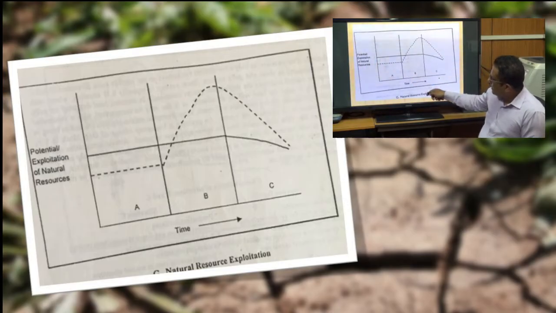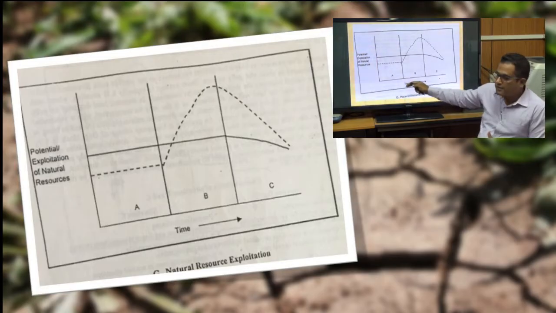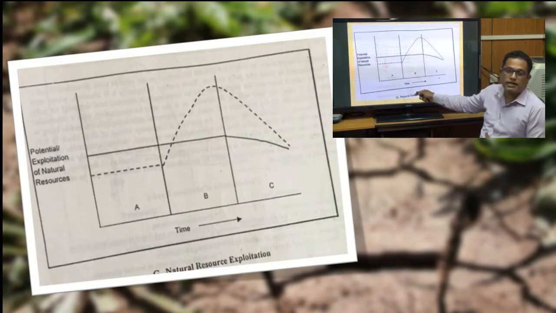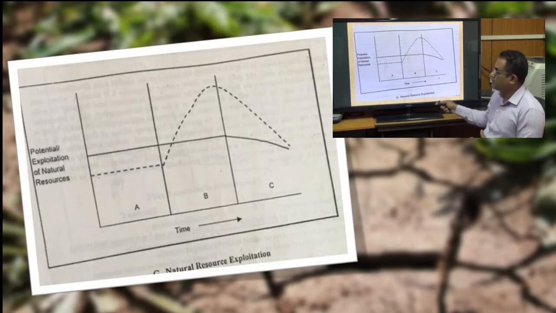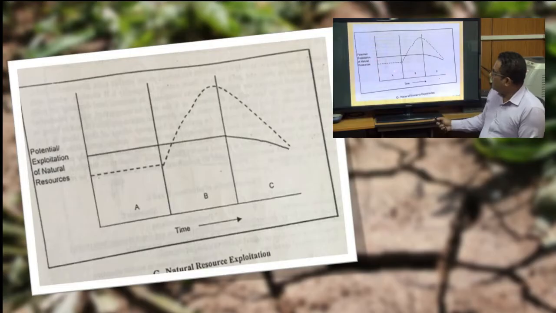In time horizon A, when the system was intact and the population pressure was less, the exploitation was much lower than its potential. Now at time horizon B, the exploitation started increasing. Why? Because of multiple reasons: increasing population, industrialization, uncontrolled mining activities, we can say man-made reasons.